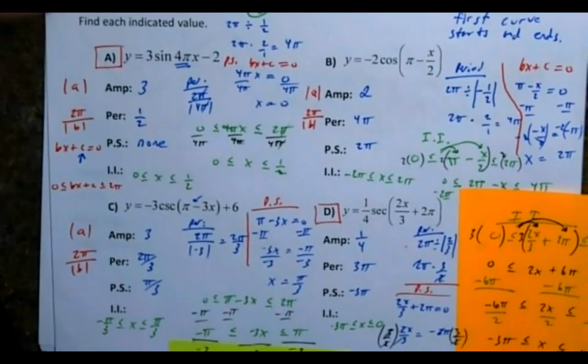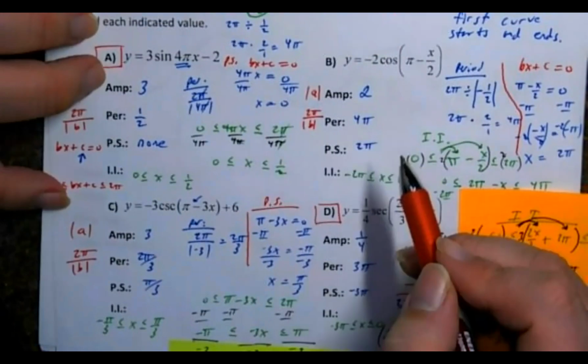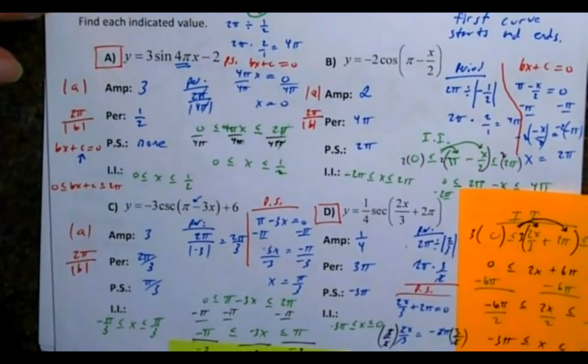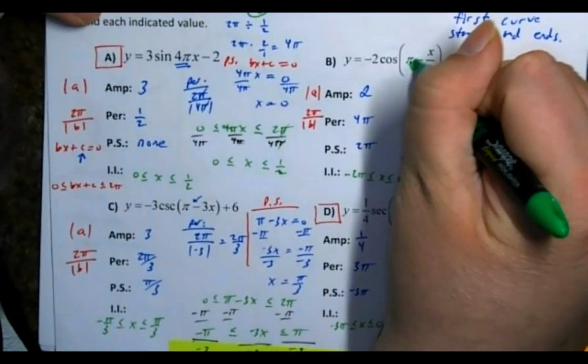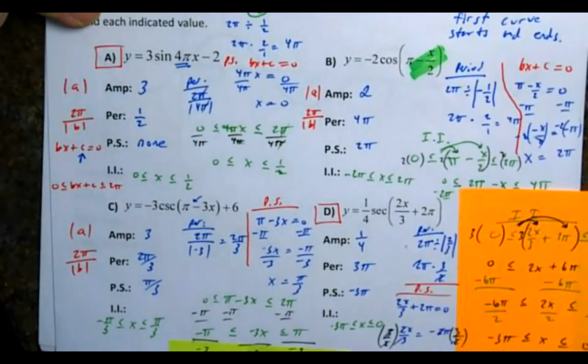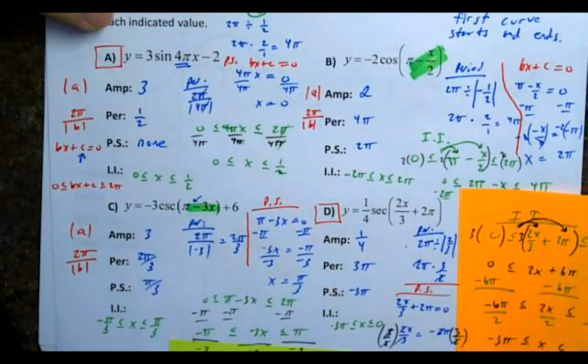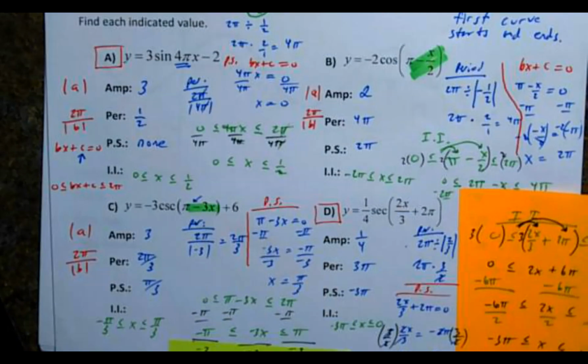It does not apply to B and C. The reason it doesn't apply to these two is because right here, negative x, negative 3x. That's why it doesn't apply to those two. But it works for these two.